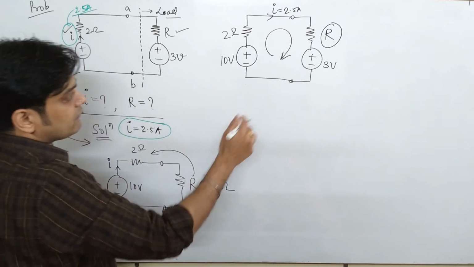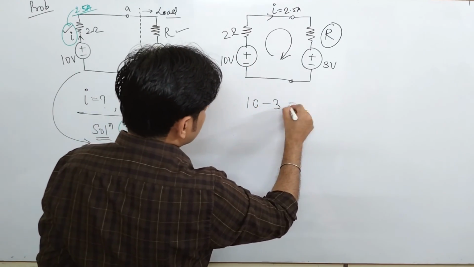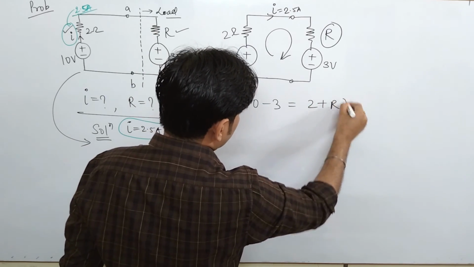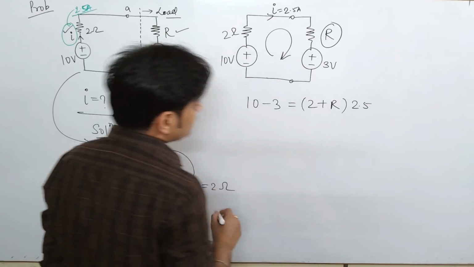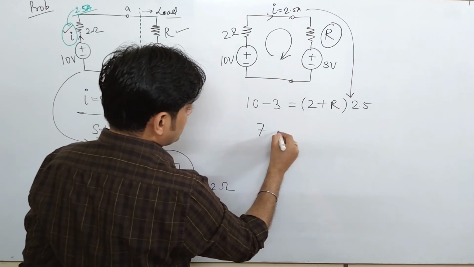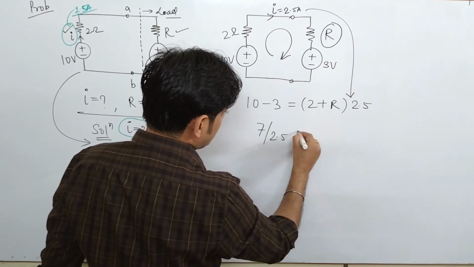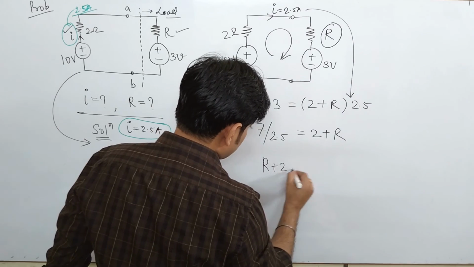So I am simply applying one loop here. So it is 10 minus 3, that is equal to 2 plus R, into 2.5. Yes, 2.5 is your current. Or you can say 7 upon 2.5 is equal to 2 plus R, or R plus 2 is equal to what?